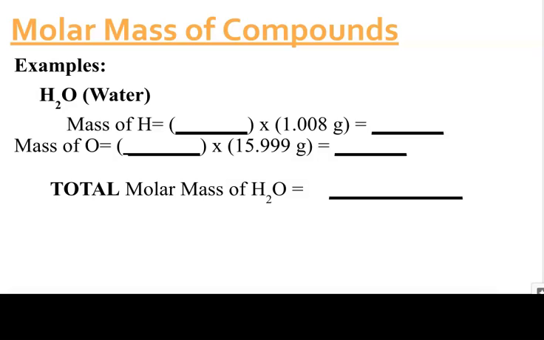My first example is H2O, water. So the first thing you want to do is think about the mass of H. Okay, so my mass of H, we're going to look on the periodic table. It is 1.008. I got that straight from the periodic table.